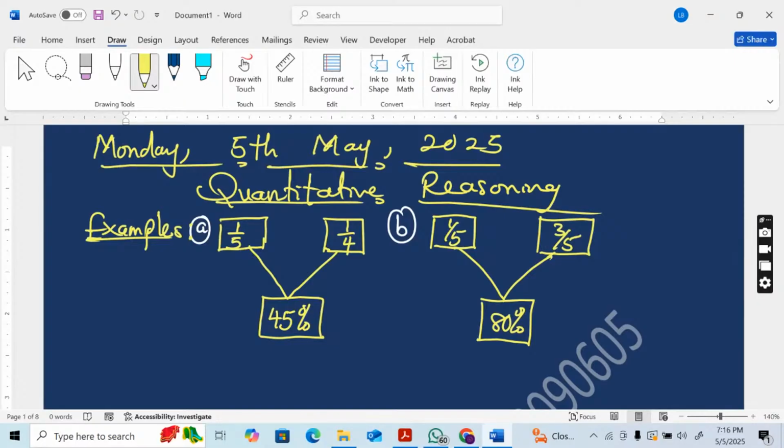That same method must work for the second example. If the same method you're using for example A works for example B, it means your method is correct. So let's see if somebody can actually tell us.